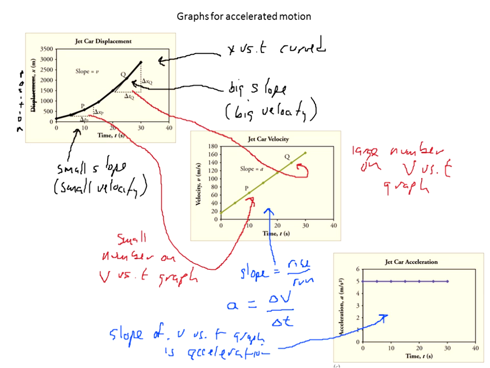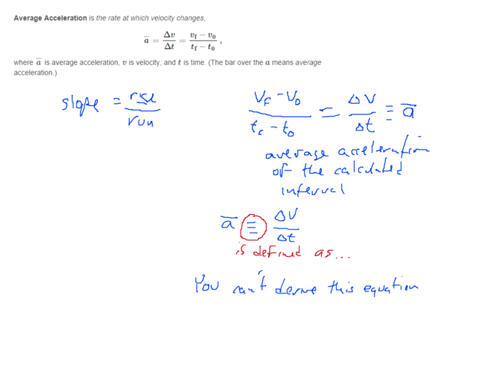The slope of the velocity versus time graph is acceleration, and since the slope is constant throughout this green line, we get average slope throughout. And that's how we can derive average acceleration.